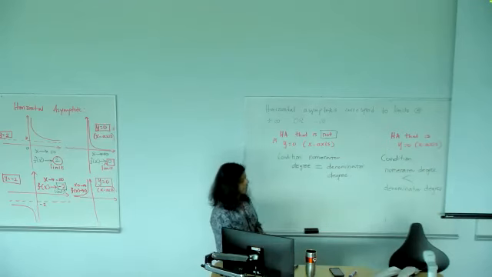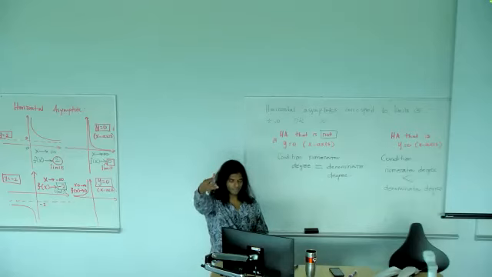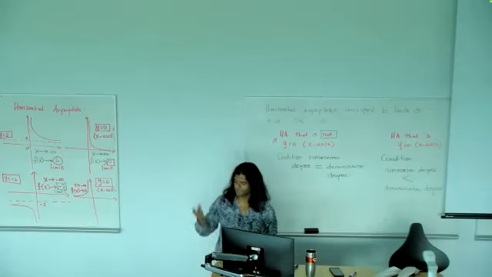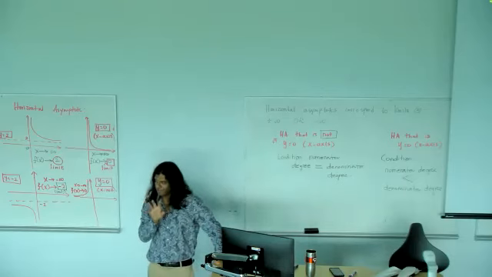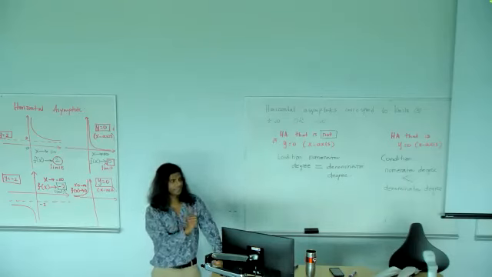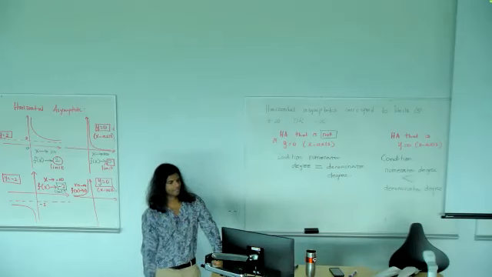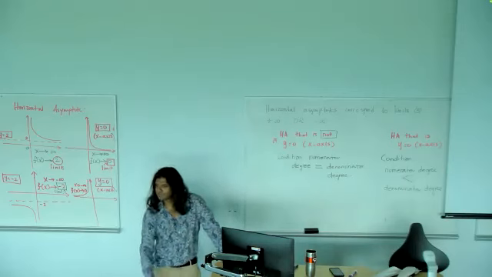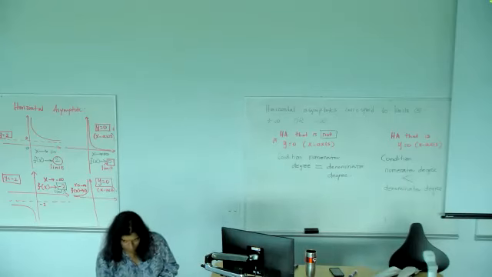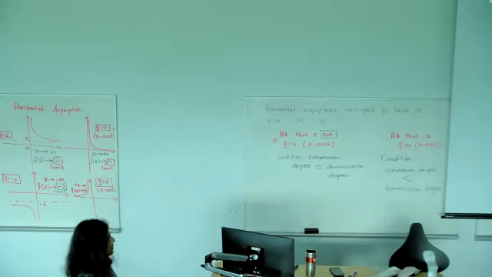One easy way to remember: if you have a numerator number and a denominator number, anytime the denominator number is bigger than the numerator, what do you get as an answer? 0. No, that wasn't the question.